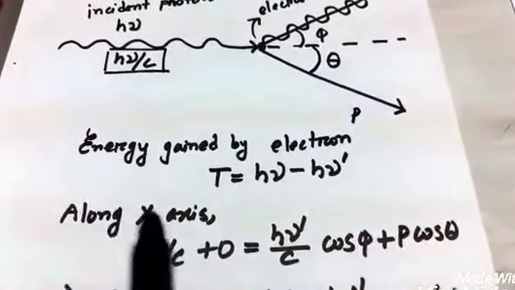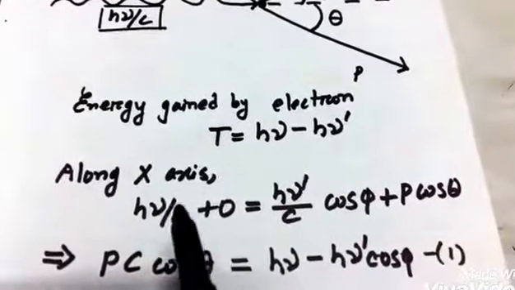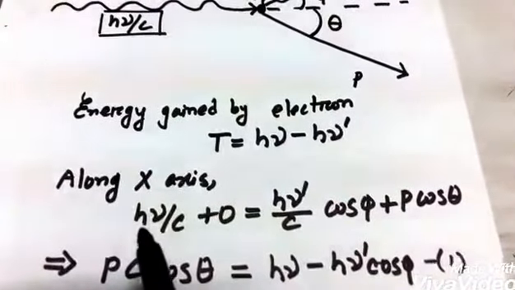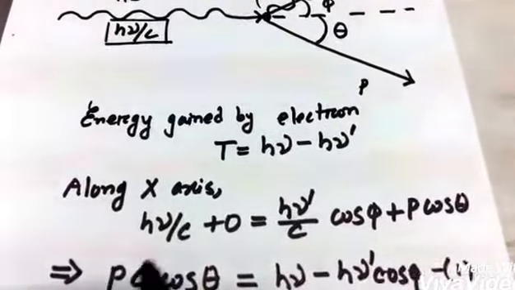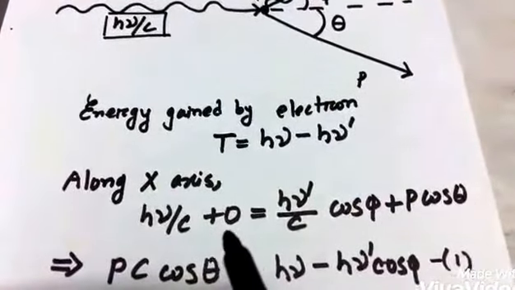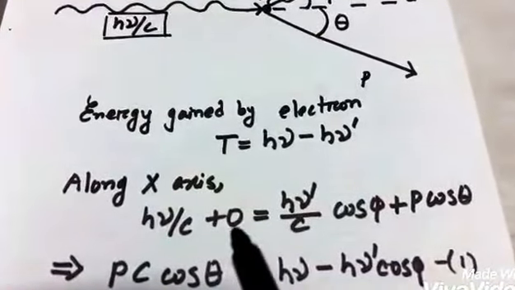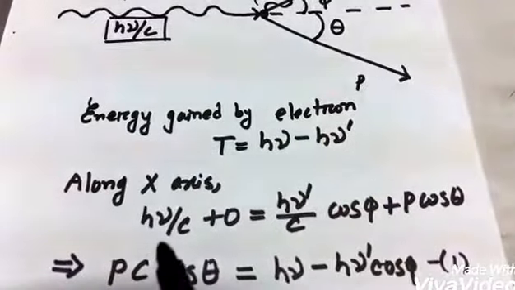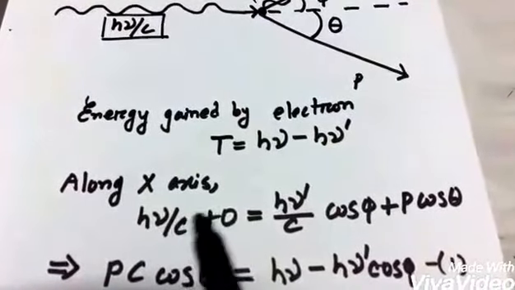So along the x axis the initial momentum is the momentum of the photon plus the initial momentum of the electron. As initially the electron was at rest, the initial momentum of the electron will be 0, while the initial momentum of the photon will be h nu by c.